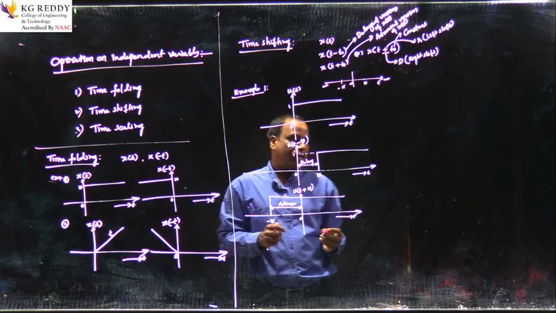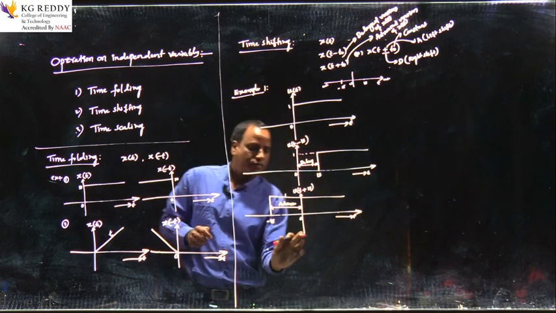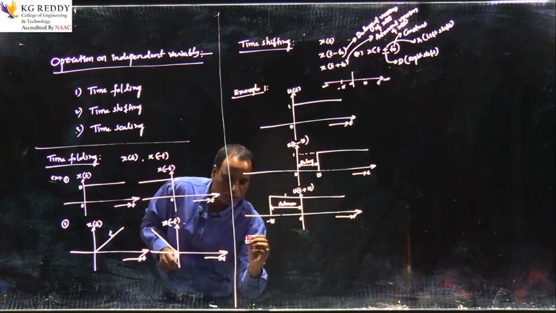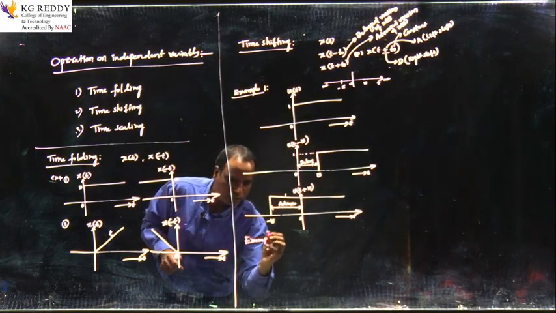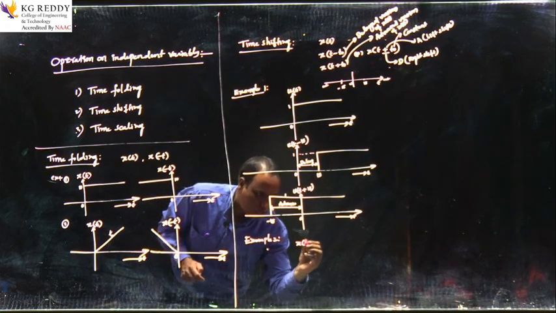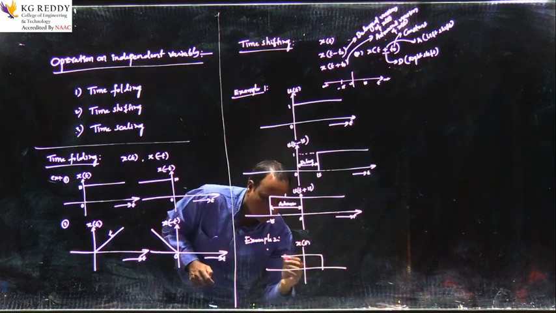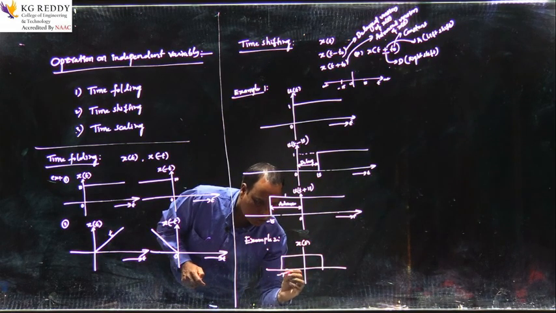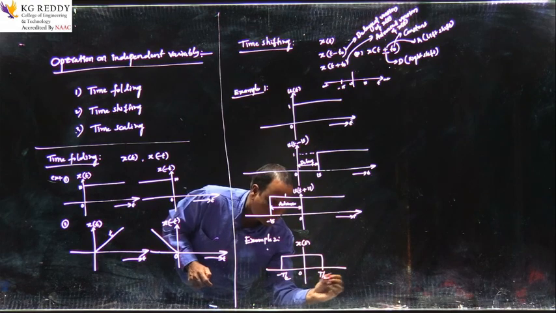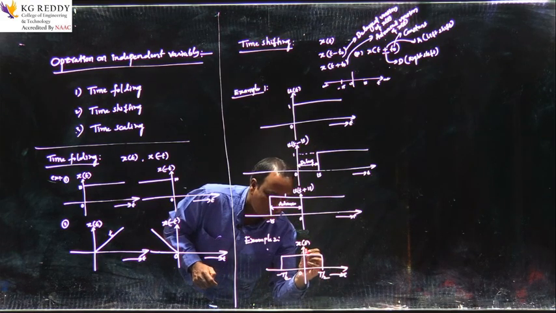Similarly, for a second example, let us take x of t as a signal, which is a rectangular signal. I want minus t by 2, 0, plus t by 2, and this is t, and this is a.